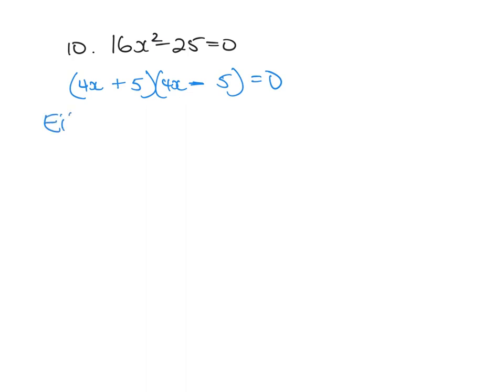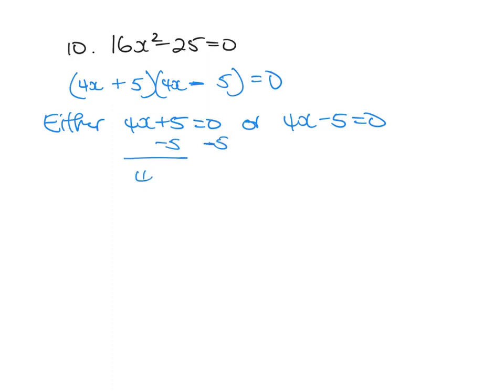So we use the statement. We actually write the word either 4x plus 5 equals 0 or 4x minus 5 equals 0. We minus 5 from both sides and we get that 4x is equal to minus 5. We divide both sides by 4, so x is equal to minus 1 and a quarter.